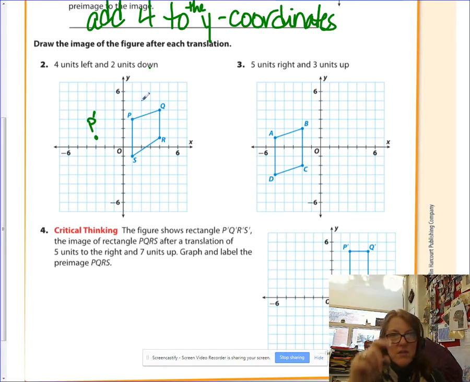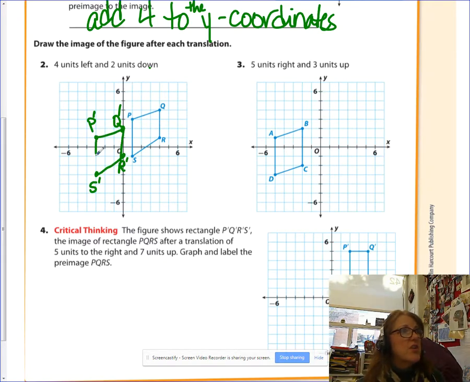So we put what looks like an apostrophe or an accent mark there. Q, 4 to the left and 2 down will be right there. R, 1, 2, 3, 4, down 2. There's your new R, the image. And S, 1, 2, 3, 4 to the left and down. There's S. All right, connect it.